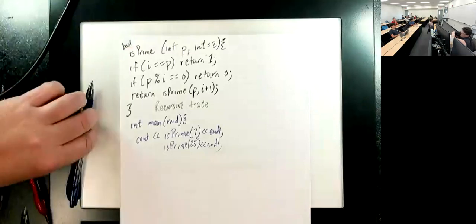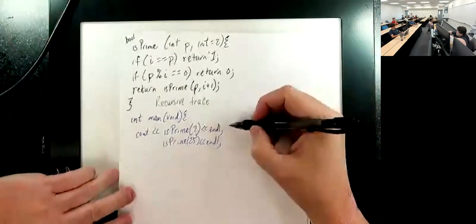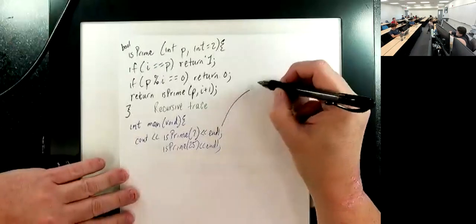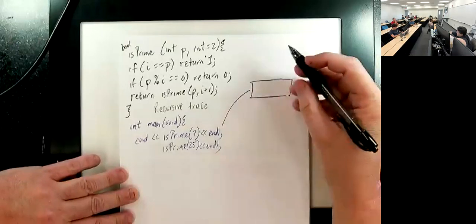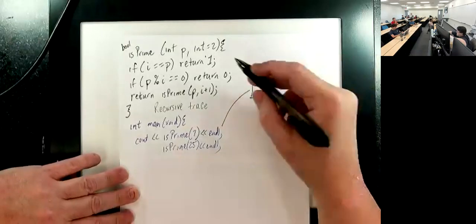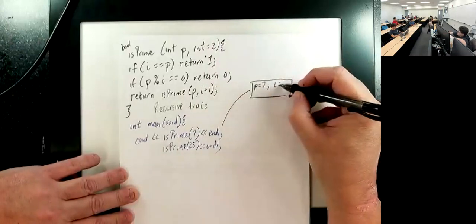So when we have this right here, what we're doing is we're sending this to a little box in memory. Memory space is taken up, and we have p is our value here, so p equals 7, and we have i equals 2.